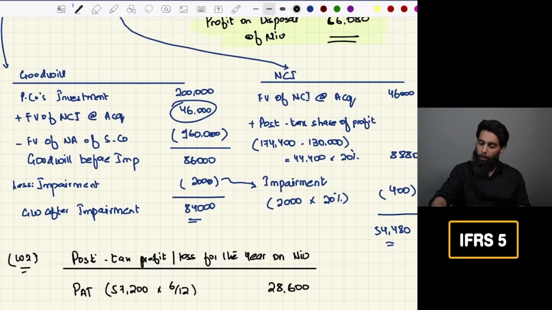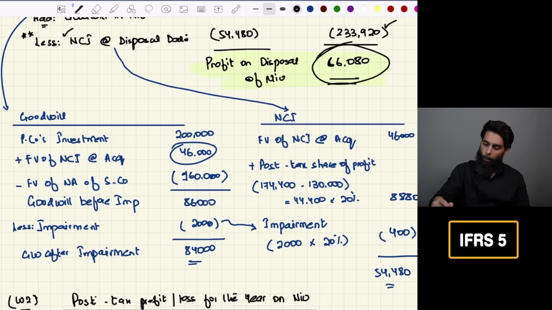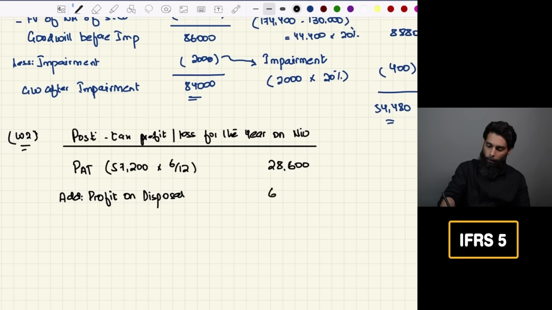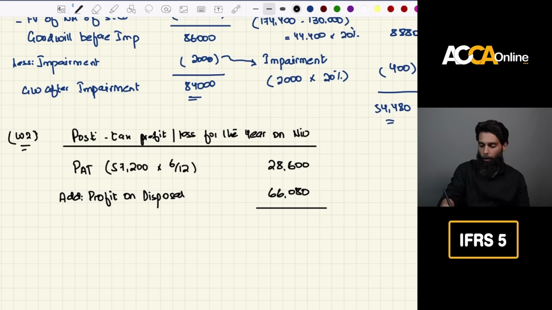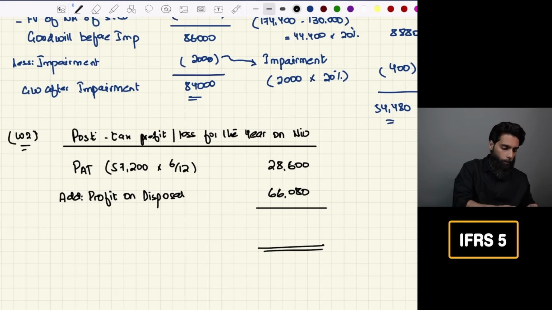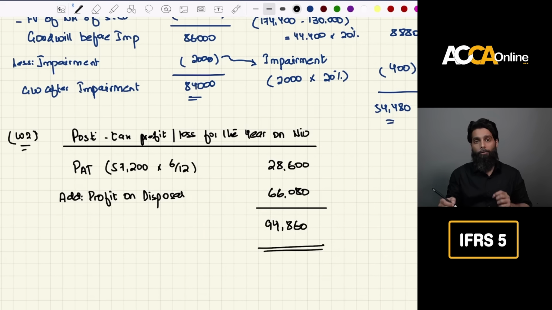The profit on disposal, as we did it, was 66,080. So the total gain or loss that arose for the group during the year on disposal of New company would be 66,080 plus 28,600, a total of 94,680. This is what you have to show under the heading of discontinued operations.